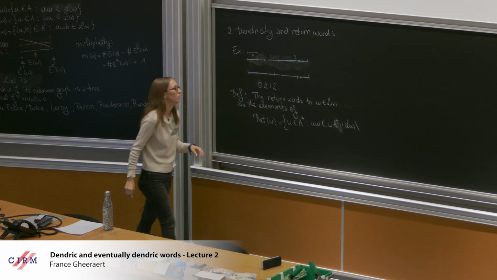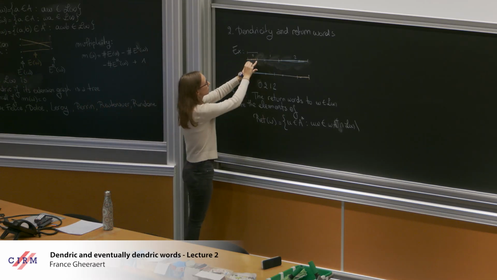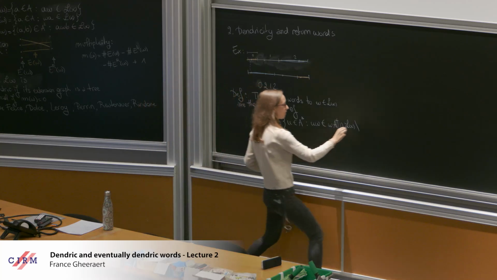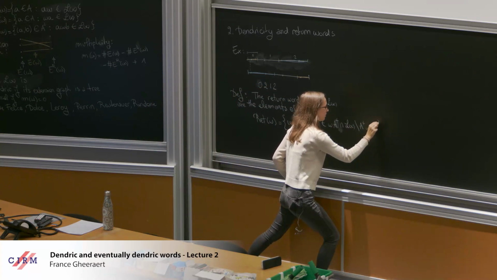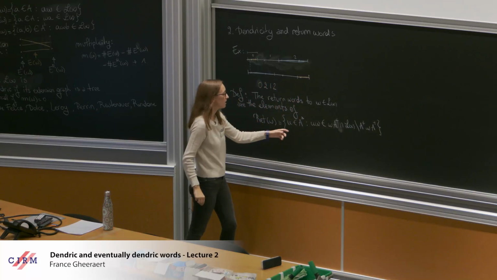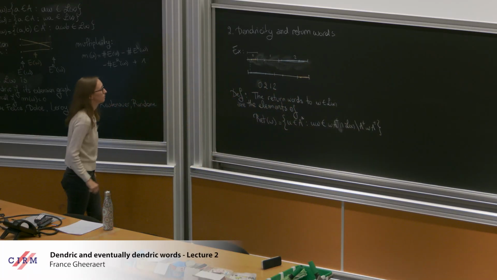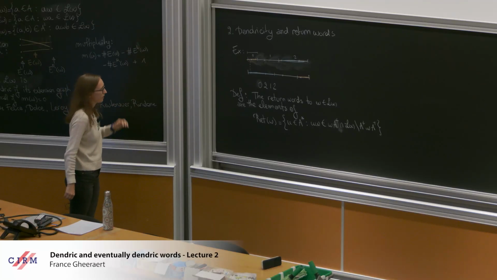But we're looking at first return words, right? So imagine here that we haven't come back in between. So we don't want to have something like that, because this would mean that we missed a return time. We went too far. Okay?